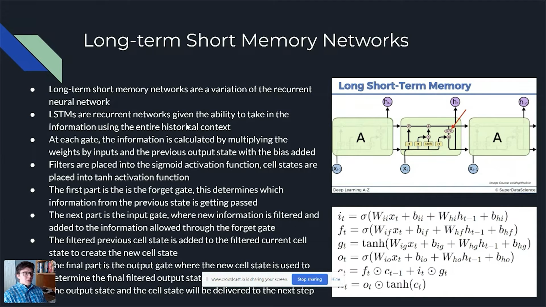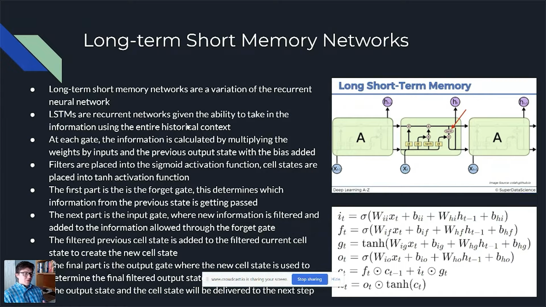And essentially, what each of these does is it filters the cell or the neural network and the information on each different level. So when information goes into the long short-term memory cell, it first goes through what is called the forget gate. Now, the forget gate will take the previous state and the current, and essentially choose which information would be best.